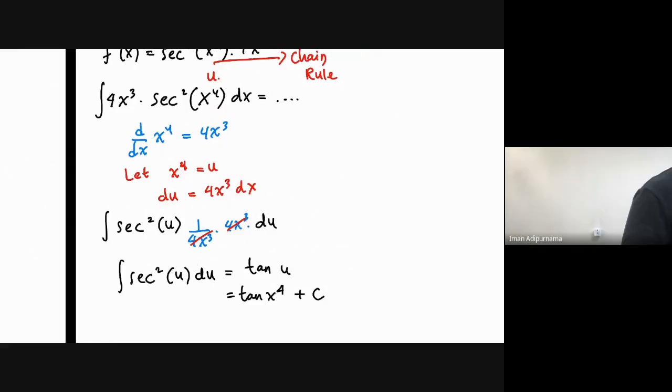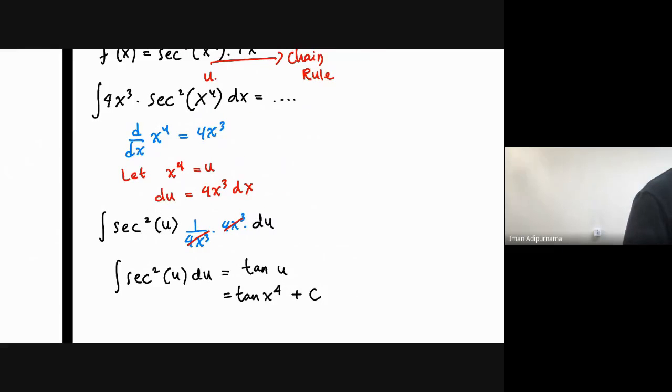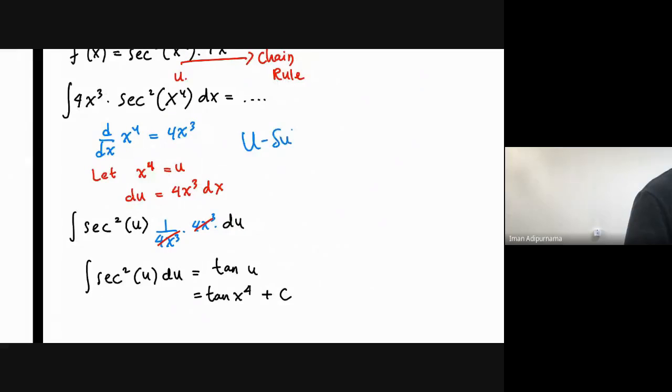So this is called the U-substitution, or just substitution is still fine, because you can make this u, v, z, any variable you want. The idea is just substituting as a means for the chain rule.